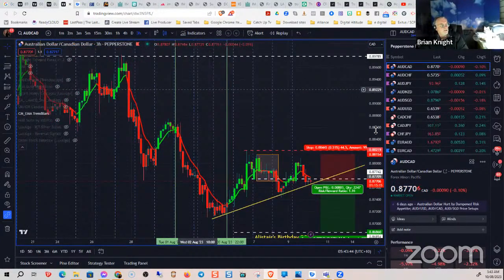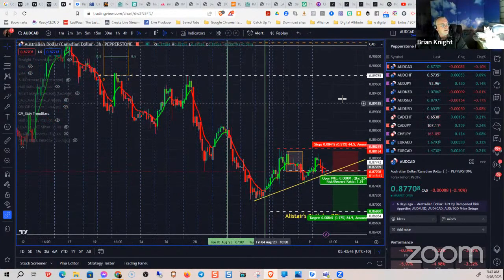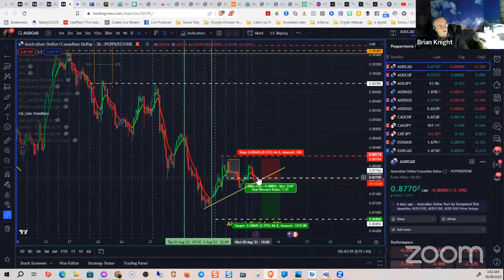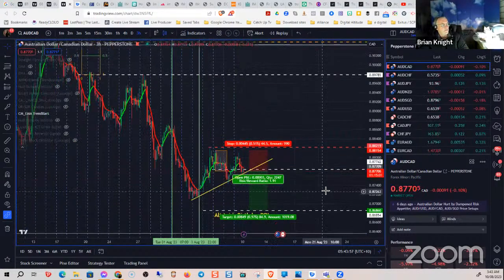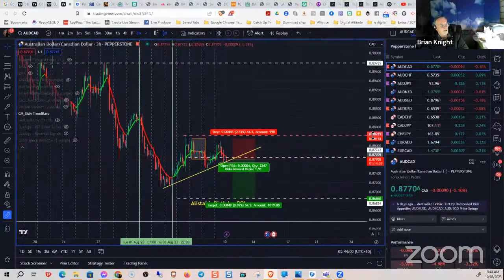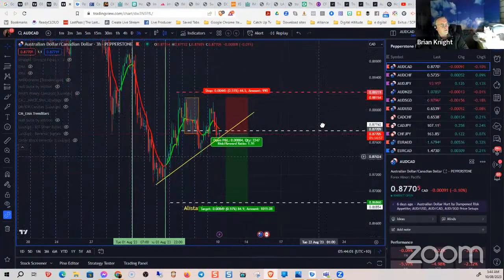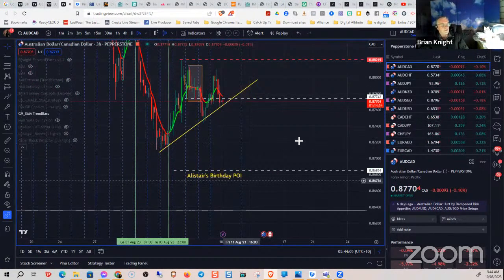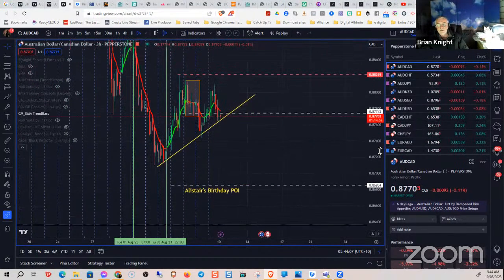So this is the original trade I was in. I'm still in, and it's still down. It's pulled back up again, but it's sitting here. And this is the second trade, because we're waiting really for Alistair's birthday POI to sort of take it down to.